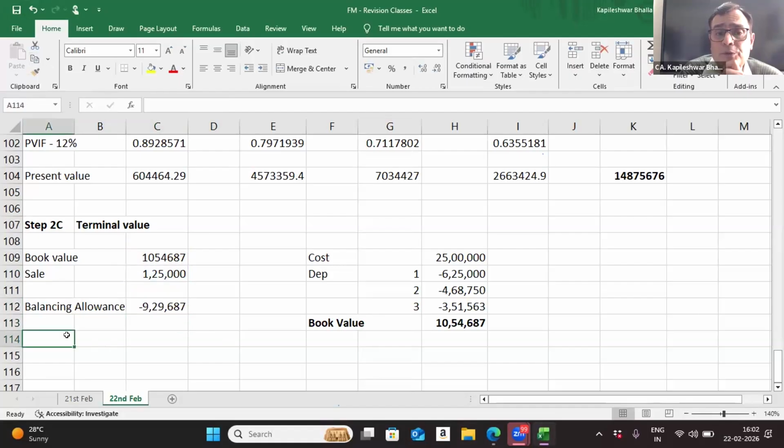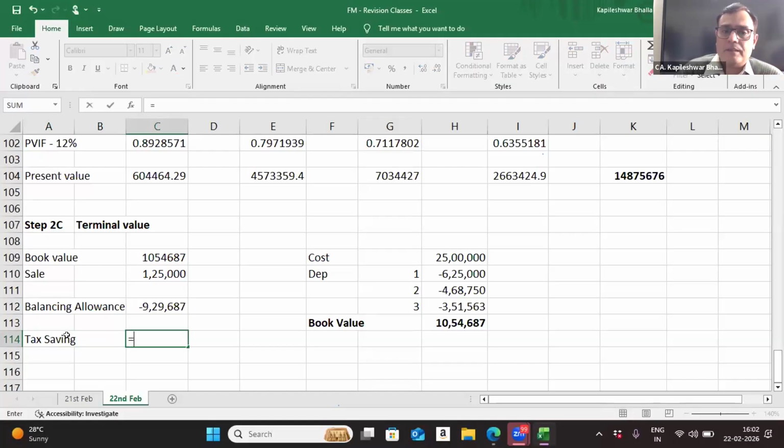Now tell me, what will you do? Once you get the balancing allowance, will this lead to a tax saving or a tax payment? Yes, we're going to get the tax saving on this. And the tax saving in this case is on this figure, that is 929.